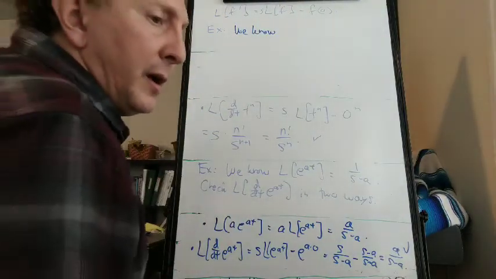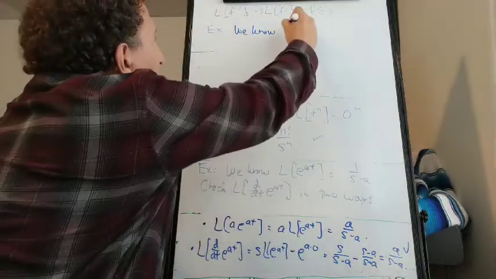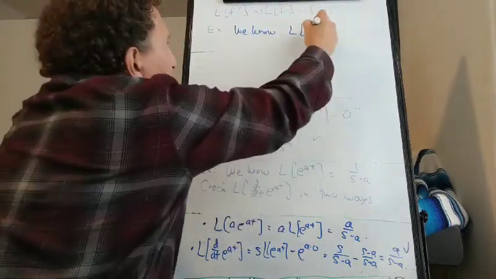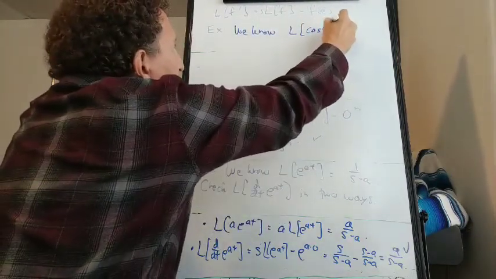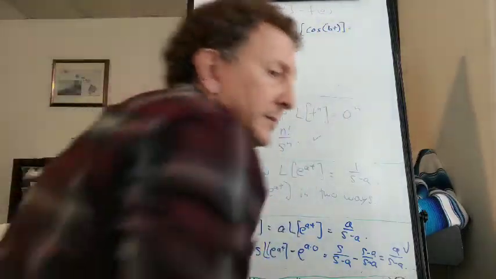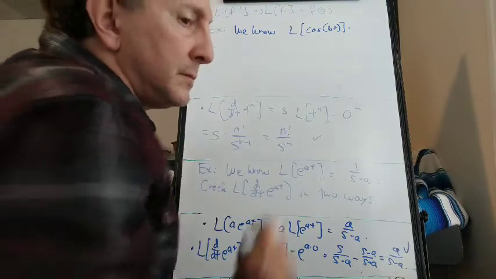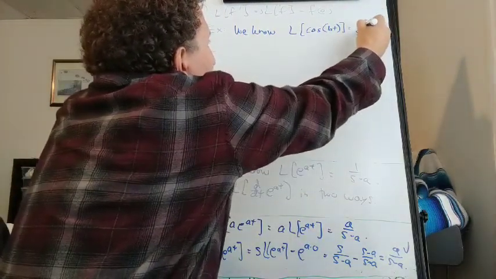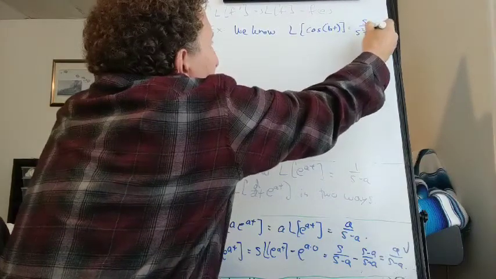So we know that the Laplace transform of cosine of bt is s over s squared plus b squared.